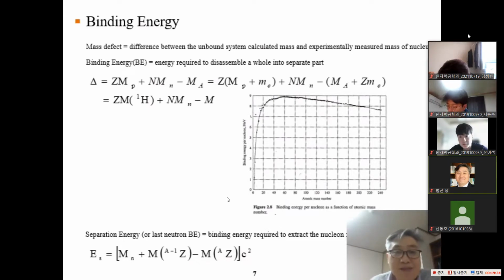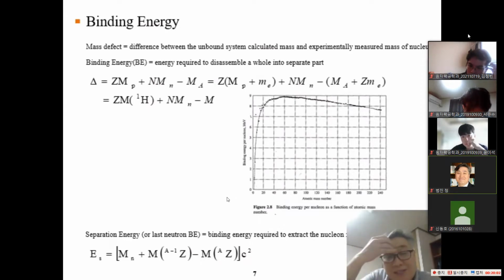So there is the formula, the first line: delta means mass defect, the number of protons Z times the mass of proton plus N, the number of neutrons, times the mass of neutron, minus the actual material mass A. It is actually not zero.